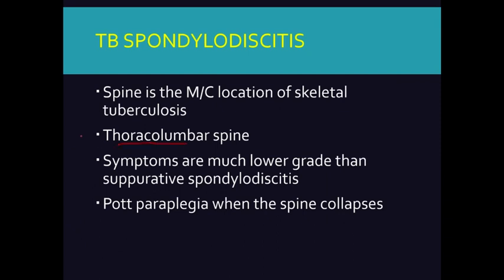Often it's going to be in the thoracolumbar region, and symptomatology compared to suppurative spondylodiscitis is not as severe. They may have some paraplegic changes because of collapse of vertebral bodies and severance of the spinal cord. And that's termed Pott's paraplegia. Again, the Pott's thing is kind of fallen out of favor. You can just call it tuberculous paraplegia.